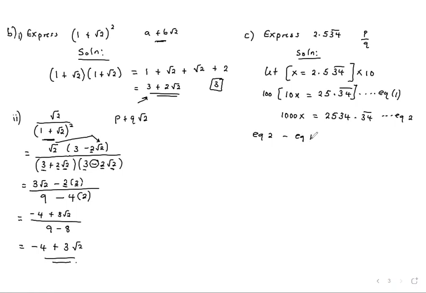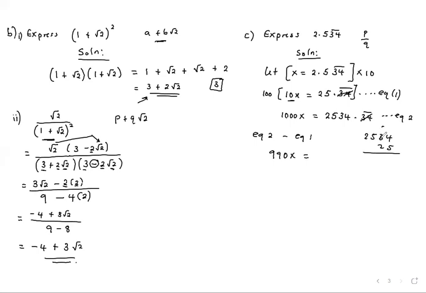Okay, so 1000 minus 10, you get 990x is equal to 2534.34 minus 25. So these, they'll cancel each other. Then 4 minus 5, there you get 14, because now it's going to be 2534 minus 25.